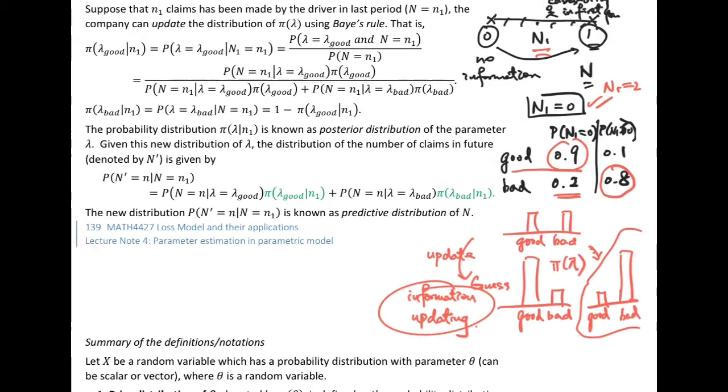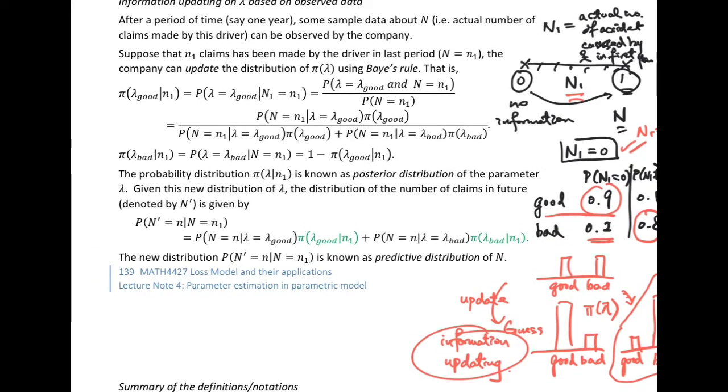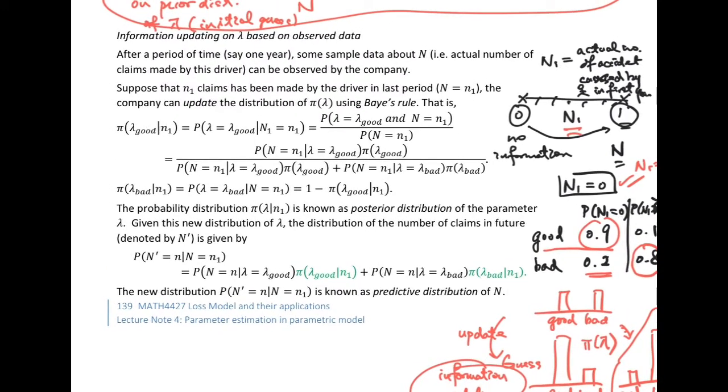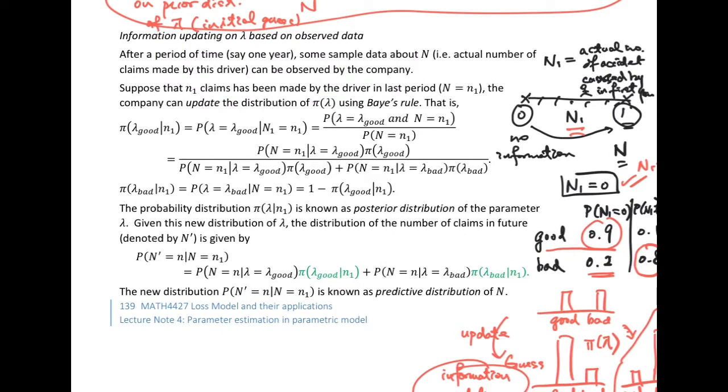But mathematically, how do we do that? Let's assume that in the last period, you are given that this guy has N1 claims, which means N equals N1. Given this new observation, how do you update the distribution of lambda?